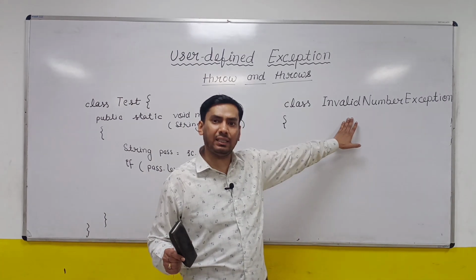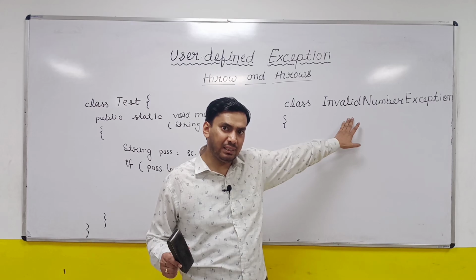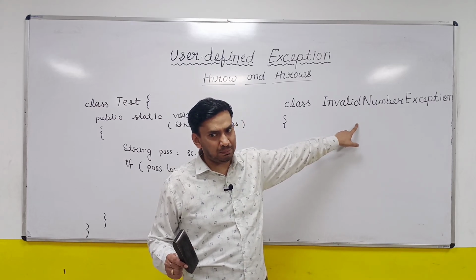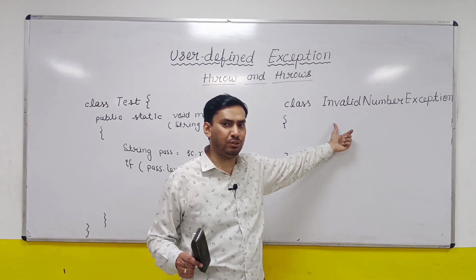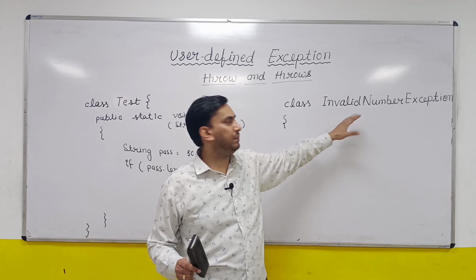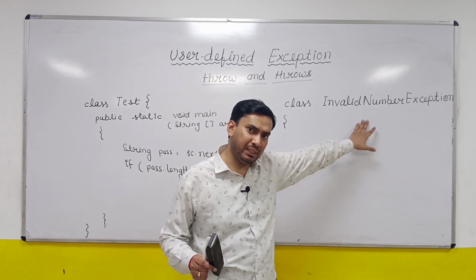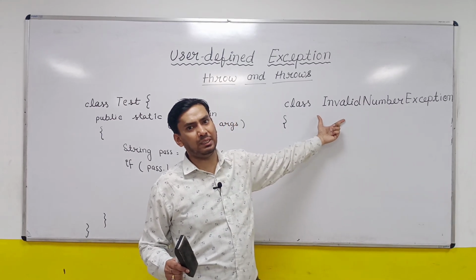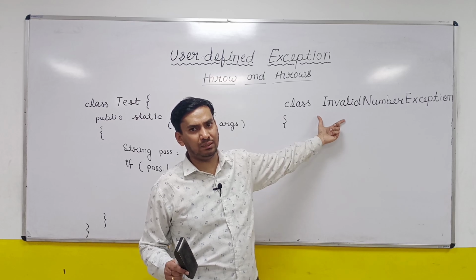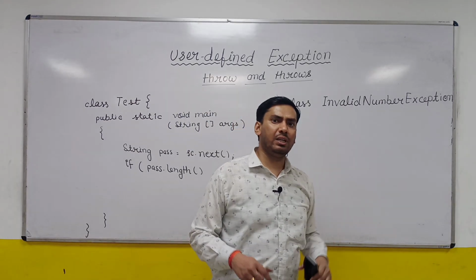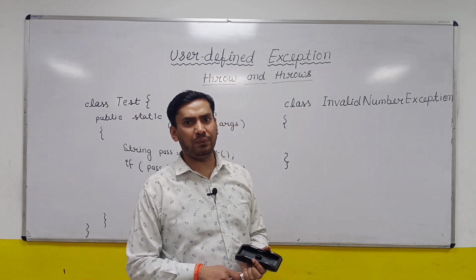If you inherit this class from the IOException class, that is also possible. IOException is a checked exception, so this one will also become a checked exception. If you inherit it from ArithmeticException, then this class will become an unchecked exception. So it totally depends on you what kind of exception you want to create.